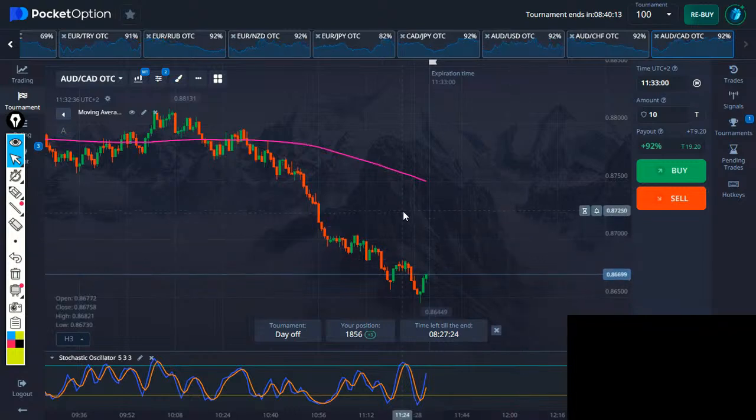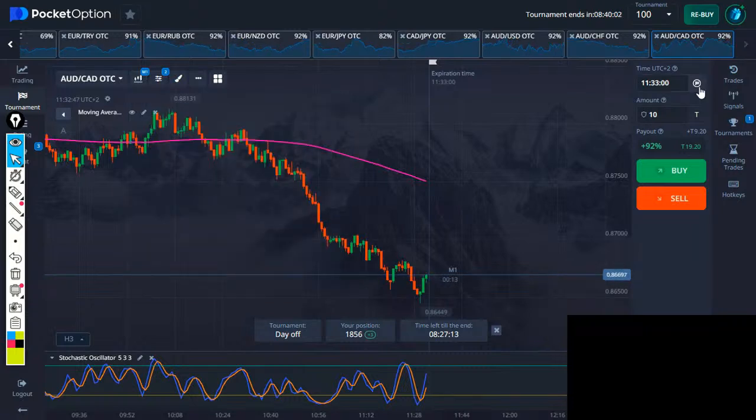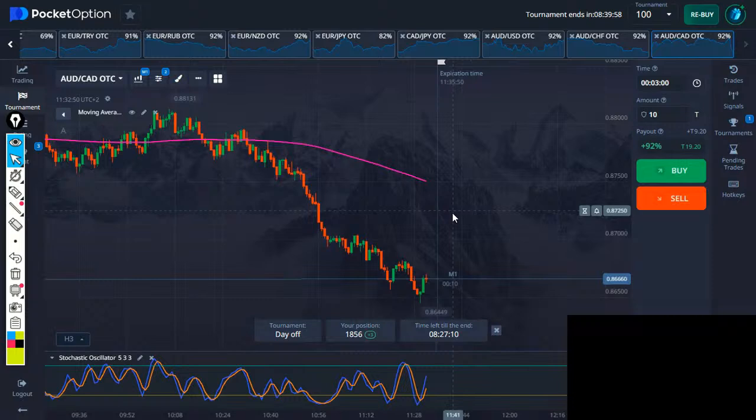So now we have our indicators in place. Of course, we'll be using a 1-minute chart. Let's enable timer, disable auto scroll. As for the expiry, we'll use 3-minute trades. Okay, so now we have everything set up in place and ready to go.